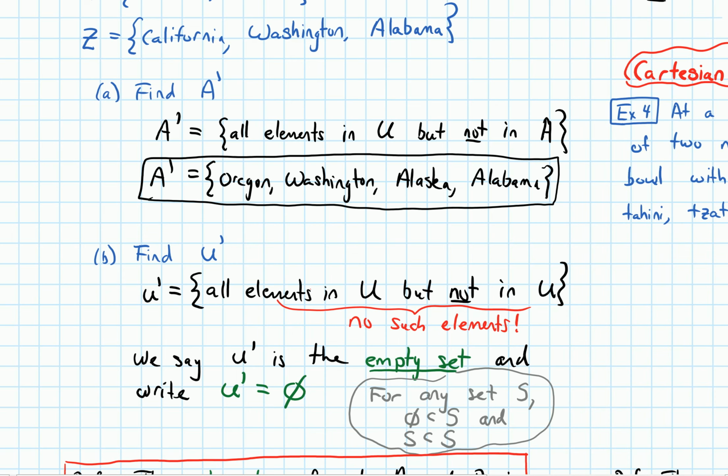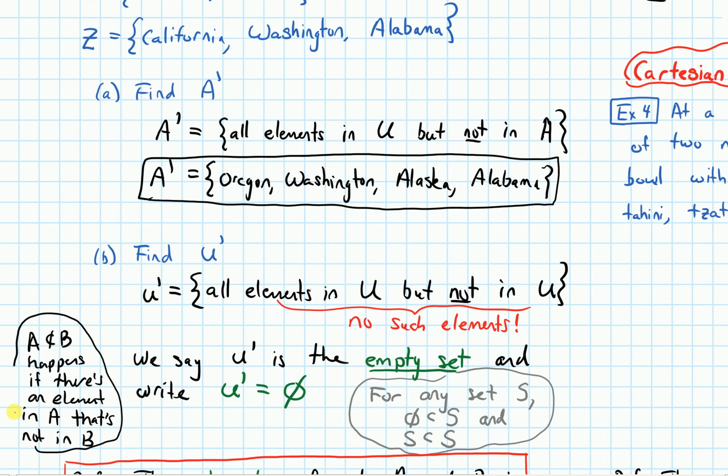The only way something like A would not be a subset of B, so when I write something like A is not a subset of B, the only way for that to happen is if there's something in A that's not in B. So this happens if there's an element in A that's not in B. And I'll put that in a little thought bubble.